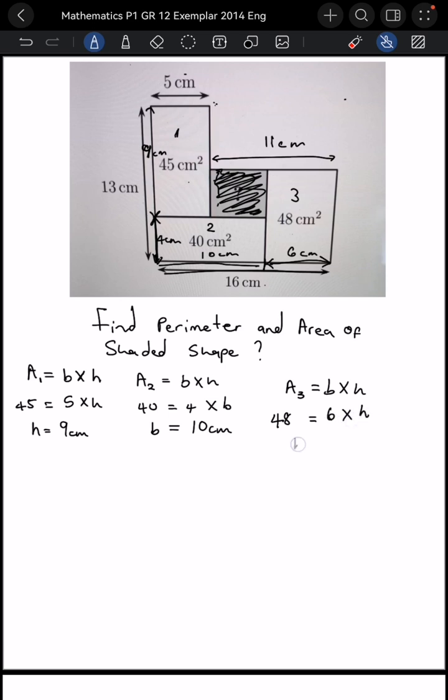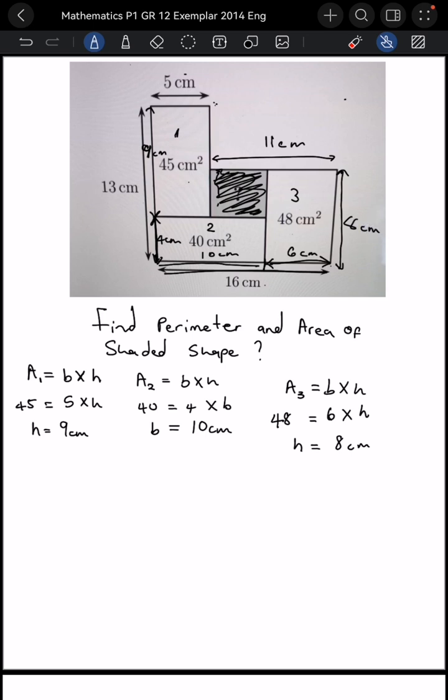We say the height is equal to 48 divided by 6. It should be 8. 8 times 3 is 24 times 2, yes, is 48. This part here is 8 centimeter.